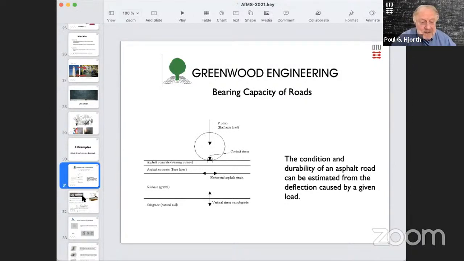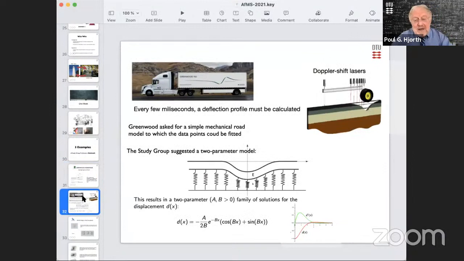Okay, so this company invented a very clever concept which involves Doppler shift lasers. So these Doppler shift lasers can detect via some integration procedure minute changes, and this figure here is wildly exaggerated. So these lasers give you super accurate information of the way the road gives underneath the wheel of a truck.